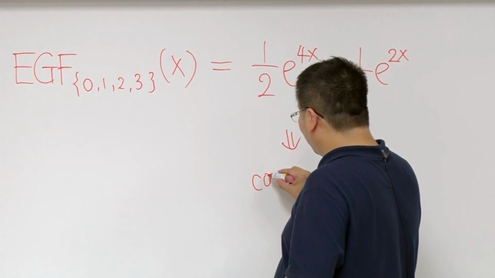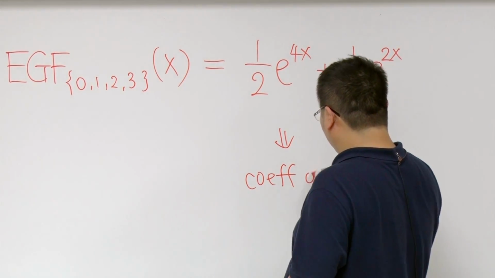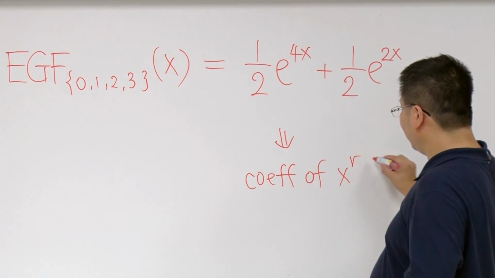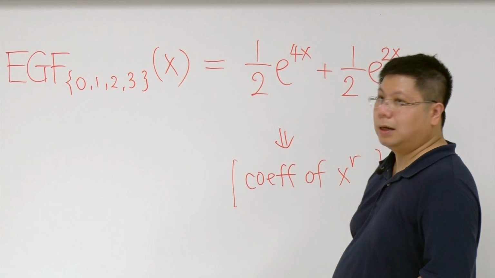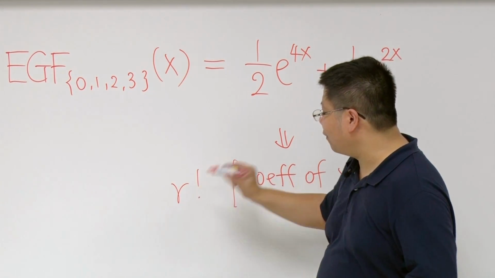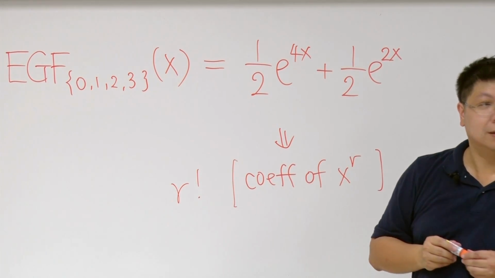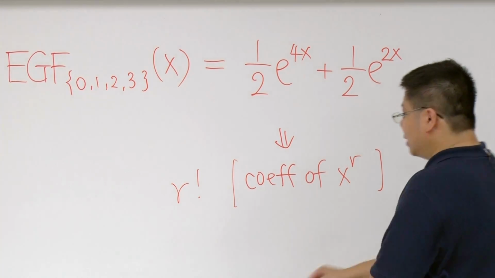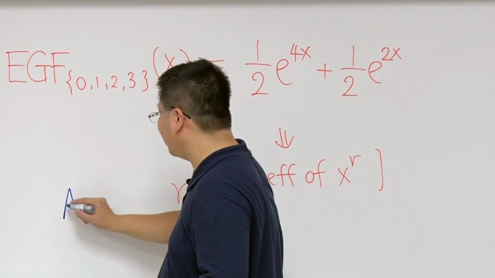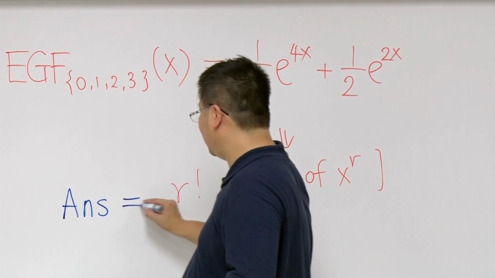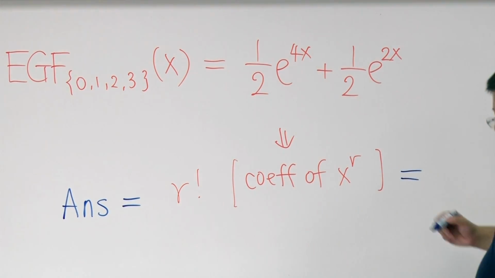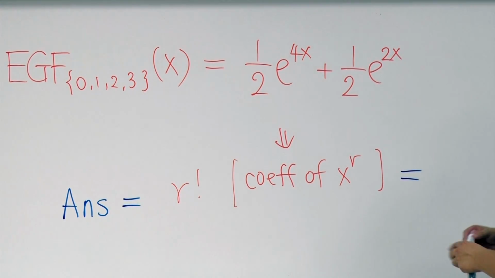And then we are interested in what? We want to get the coefficient of x to the power r here, and then multiply this with r factorial. So this is the answer. The answer is equal to r factorial times, what is the coefficient of x to the power r here?